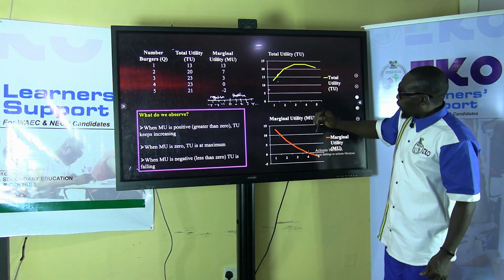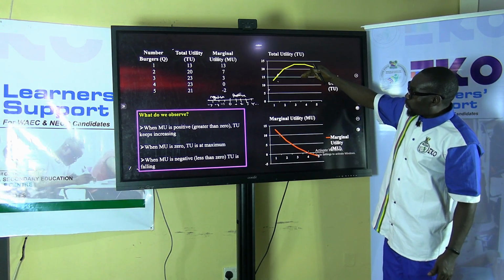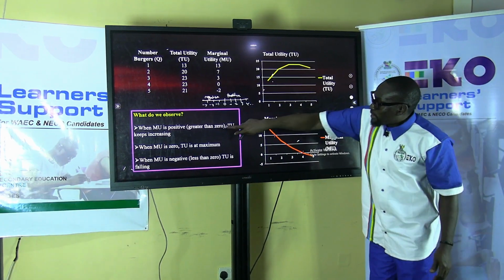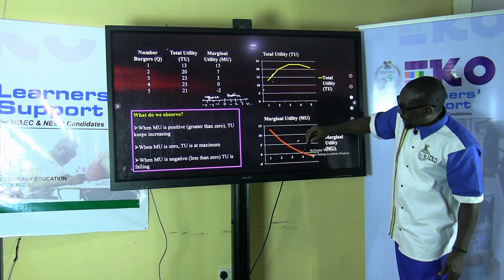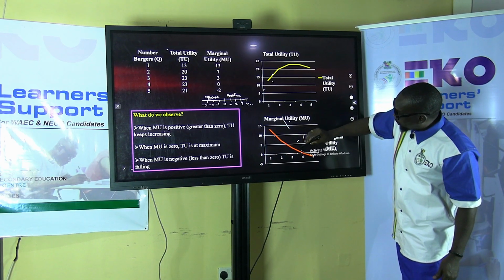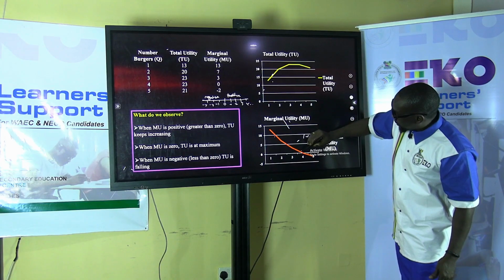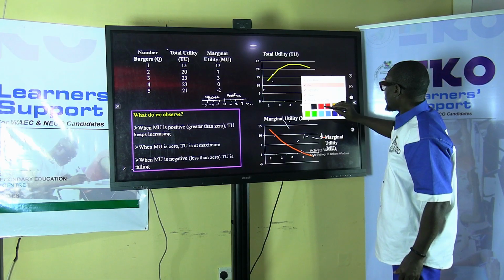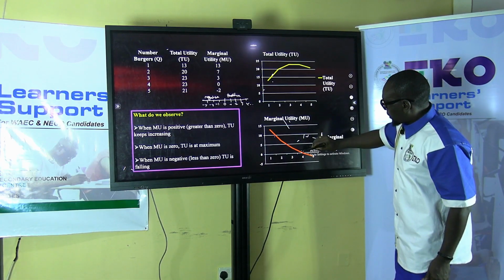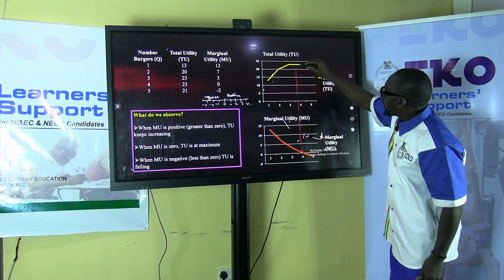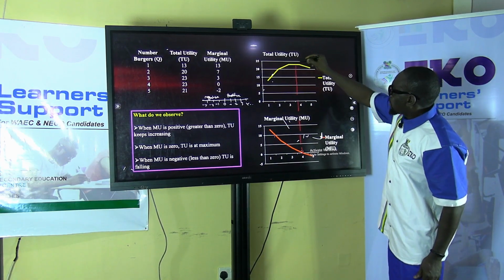And if we compared the two graphs of total utility and marginal utility, we would see the first rule, saying that when it is greater than 0 or when it is positive, in the whole of this portion, up until this point, this is where marginal utility is 0. So if we trace it up to this point, this is where it gets to.